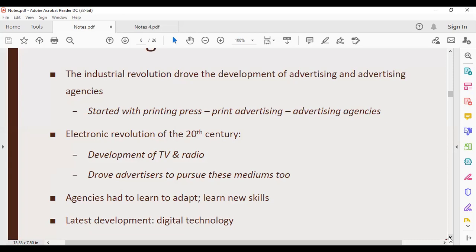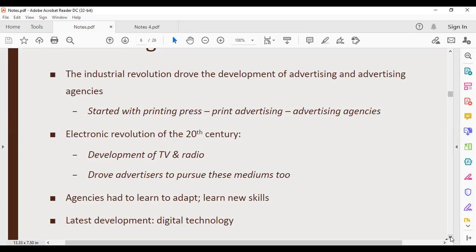But now with the coming in of TV and radio, these are two different platforms and they need two different ways of communicating. With TV, you need motion, you need picture, you need sound. With radio, you need sound. So agencies had to adapt. They had to learn new skills, new editing skills, how to create a TV and a radio advertisement.